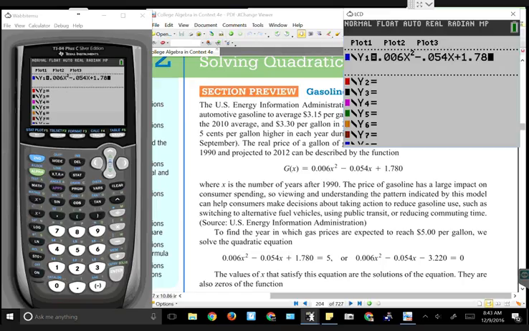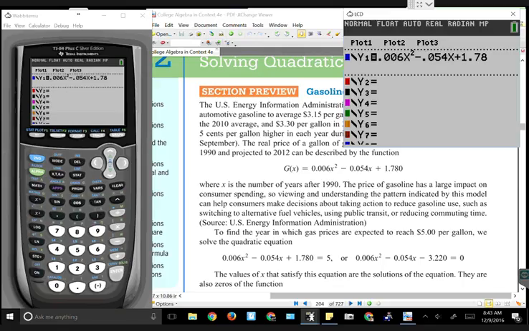Is x something else? Almost always, in problems like this, our domain, our x variables, our input, is always going to be some sort of time. So in this case, we're talking about gas prices per year. Yeah. Our time is in years.